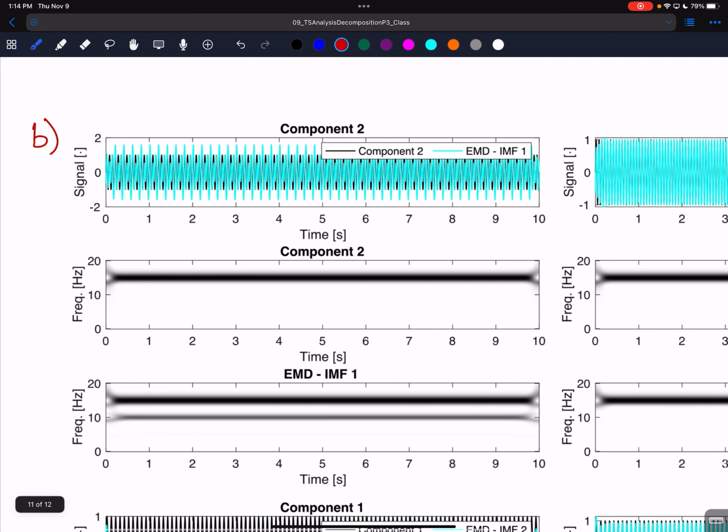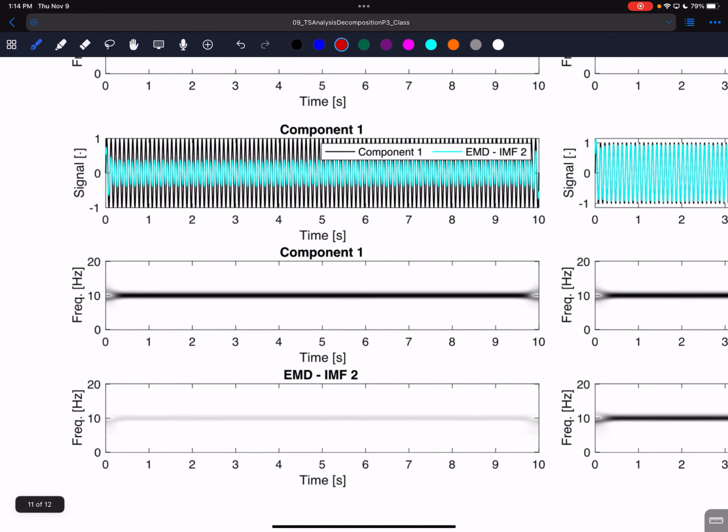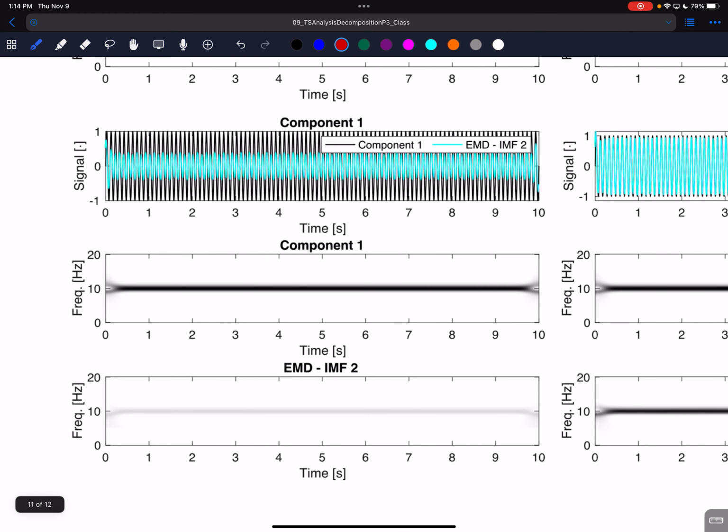If we go and take a look now at trying to reproduce that first component, you'll see that when we look at just EMD, although the signal does have kind of the same frequency content, it is substantially smaller, about half the amplitude of the actual component, and this is seen in both the time series and the wavelet transforms as well, although it does not have any mixing in its components.